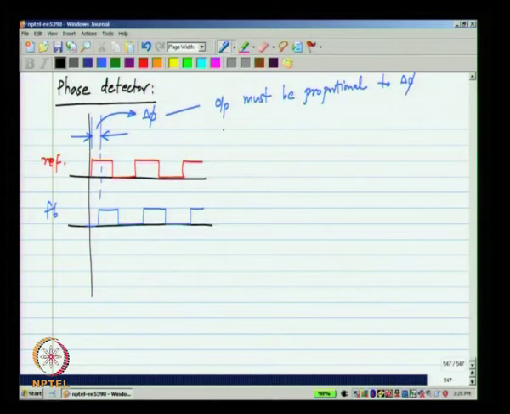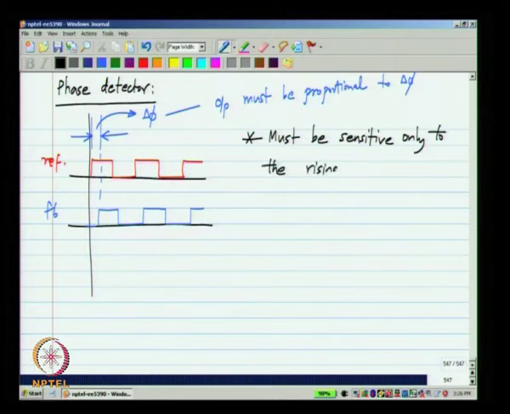So, that is one thing, and secondly we would have some characteristics that are desirable in a phase detector. It must not be sensitive to the duty cycle of the signals. Okay. In other words, it must be sensitive only to the rising edges. Okay.